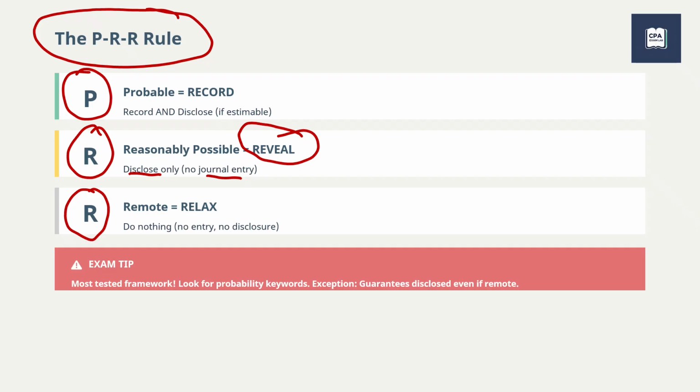So here's the exam tip: this PRR framework is the foundation of everything. The exam will give you the probability level, then ask whether you need to make the journal entry or whether you need to disclose it. Here we have one critical exception, which is guarantees. Let's go to the next slide.